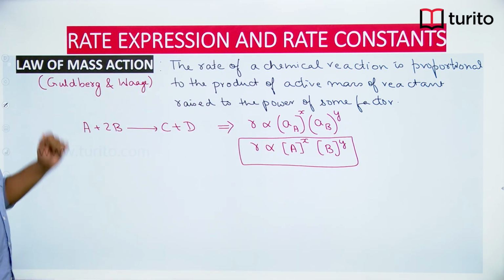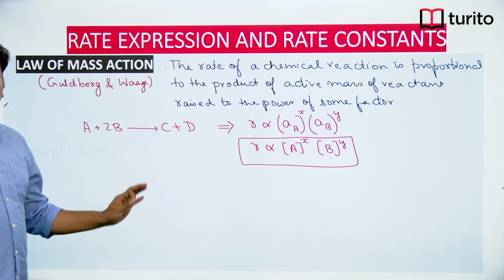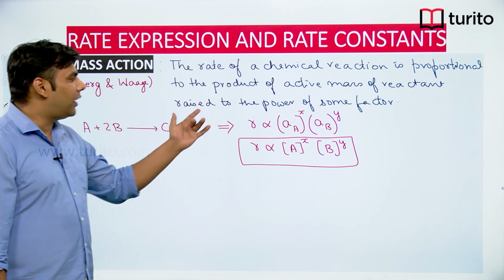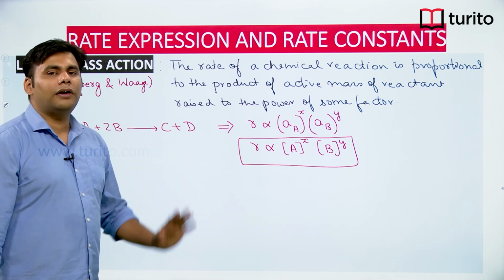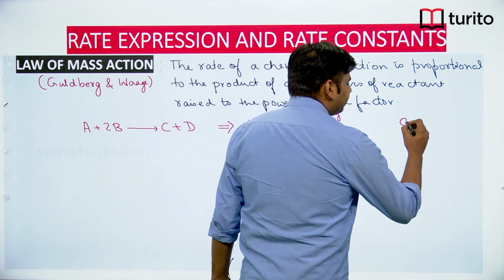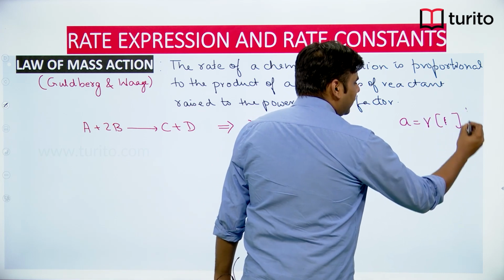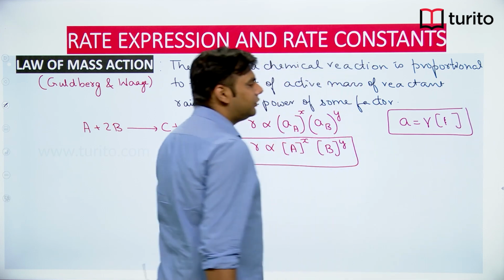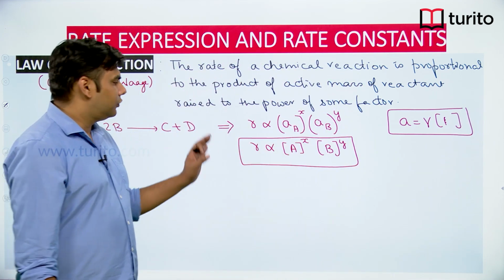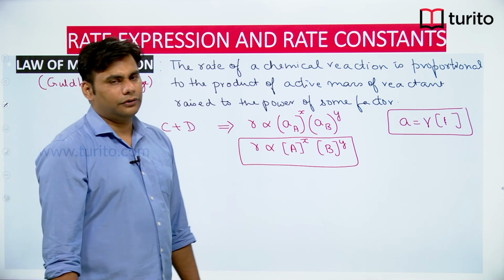Law of mass action says that the rate of a chemical reaction is proportional to the product of active mass of the reactant raised to the power of some factor, and active mass is an activity coefficient into concentration. For dilute solutions this activity coefficient is 1, so we assume the active mass to be equal to concentration.